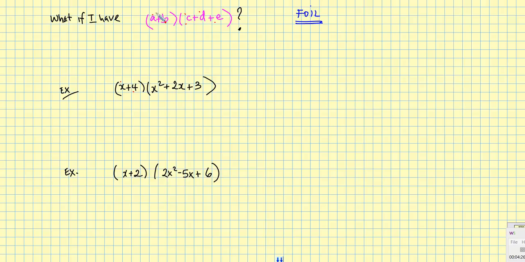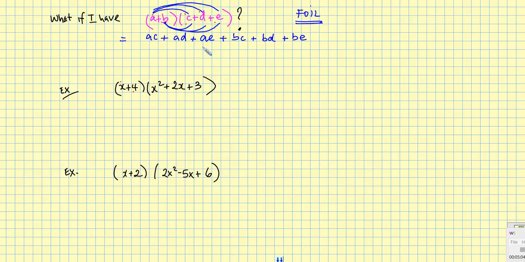So you would continue and just say a times c, in this case, plus a times d, plus a times e, and then, moving on to the second term in the first parentheses, plus b times c, plus b times d, and then plus b times e. That would be our final answer.